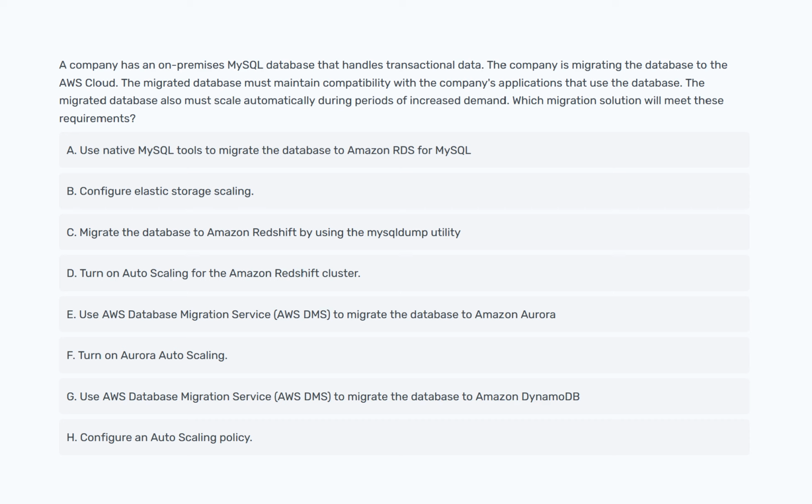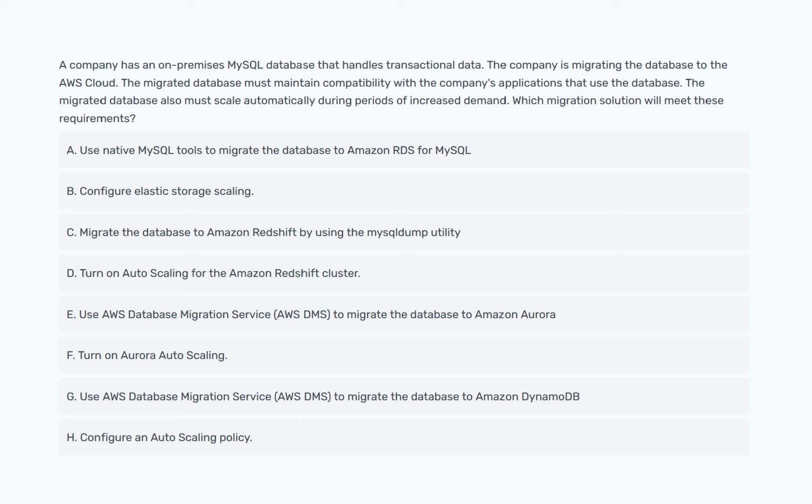The company is migrating the database to the AWS cloud, right? So the company is planning to migrate this RDS type database into the cloud, and the migrated database must maintain compatibility with the company's applications that use the database. So that should be MySQL compatible. The migrated database also must scale automatically during periods of increased demand.